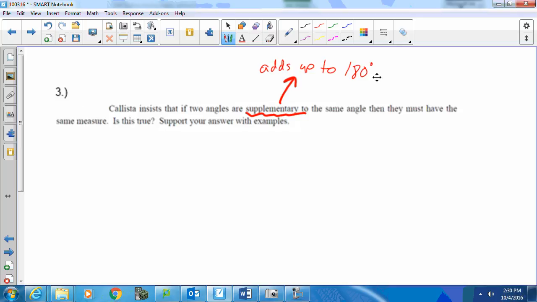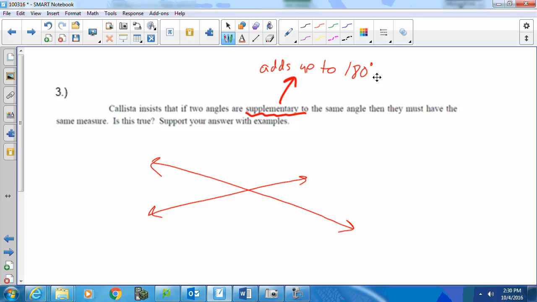All right, so it says if 2 angles are supplementary to the same angle, they must have the same measure. Is this true? Well, let's draw a picture here. We have 2 lines that are intersecting, calling them straight lines, right?